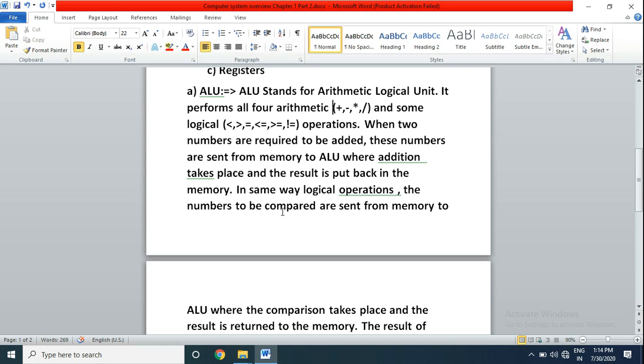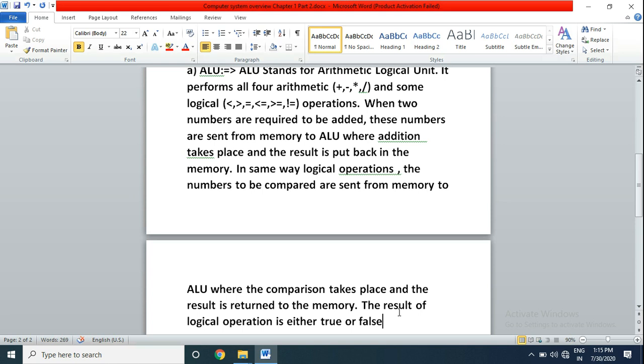The numbers to be compared are sent from the memory to the ALU where the comparison takes place and the result is returned to the memory. Generally the result of a logical operation is either true or false. So whenever we compare a condition, the result is either true or false.